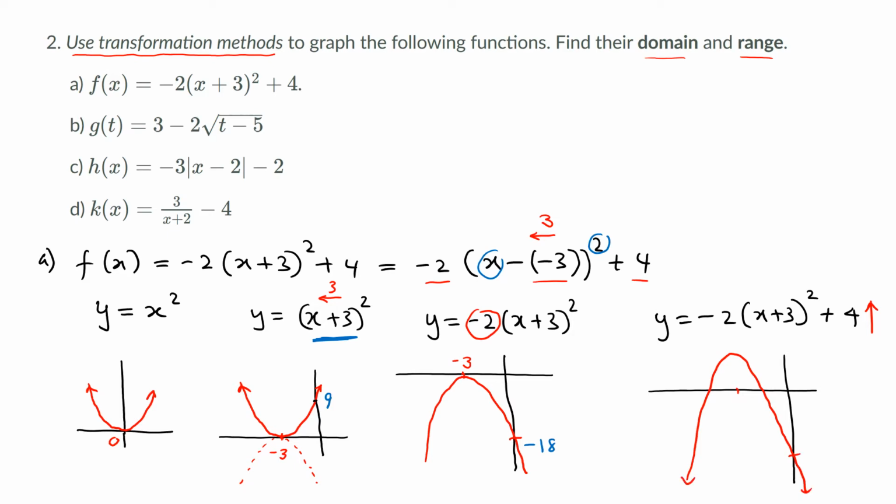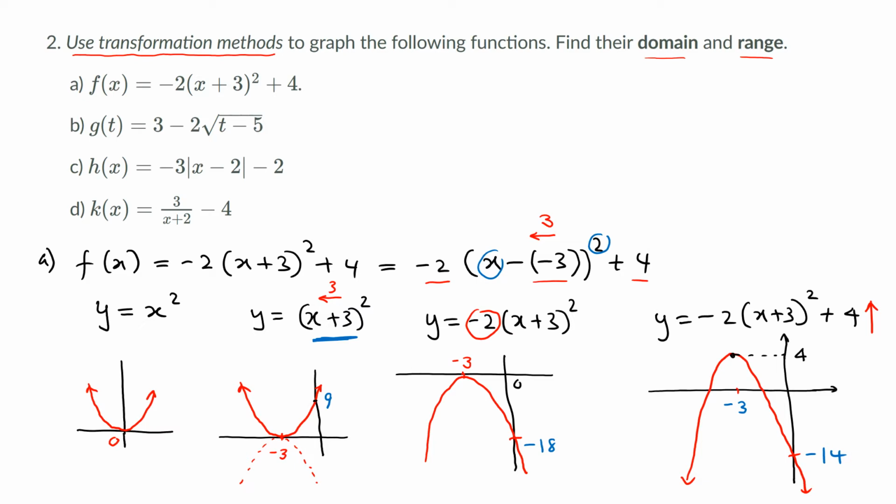As before, this is -14, you can find it by plugging in x equals 0, and this is -3, no change. And the y-intercept is now at 4, because earlier it was at 0. Now it's moved up by 4 units, so now it's at 4. So that is the final graph.